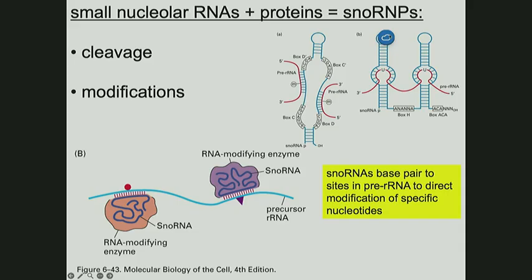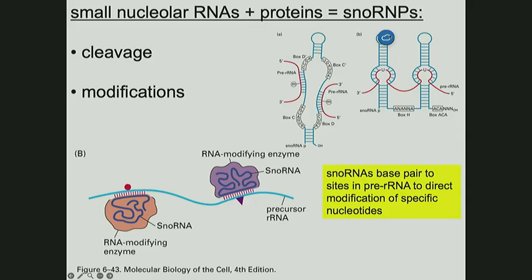We talked about how the U1 snRNA guides the spliceosome to the 5' splice site by base pairing to it. Similarly, these snoRNAs, shown in blue here, will base pair to specific positions in the pre-ribosomal RNAs, and then recruit specific modifying enzymes to either cause methylation or pseudouridylation at that particular position. And so these snoRNAs are base pairing to specific sites, giving the specificity.